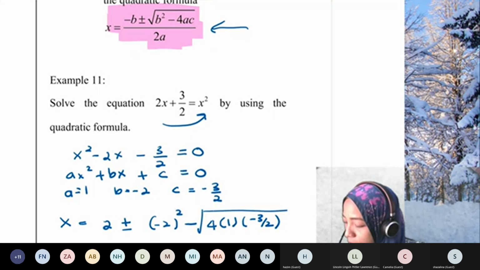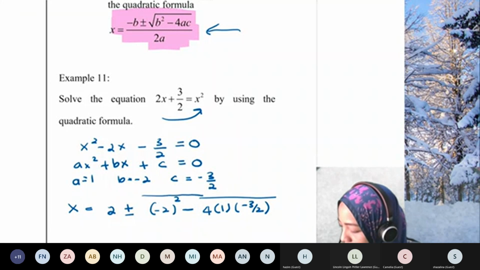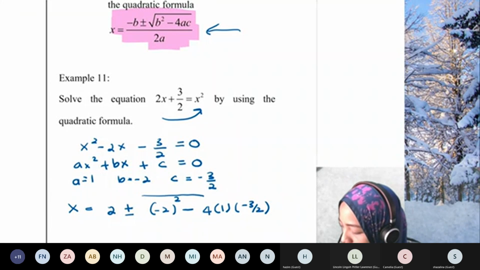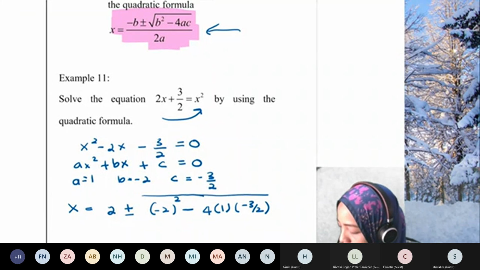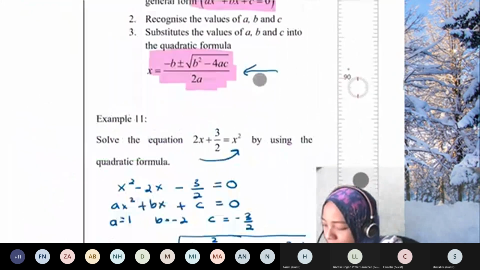Salah square root. Bukan kat sini. Lagi panjang lagi. Square root over 2a.